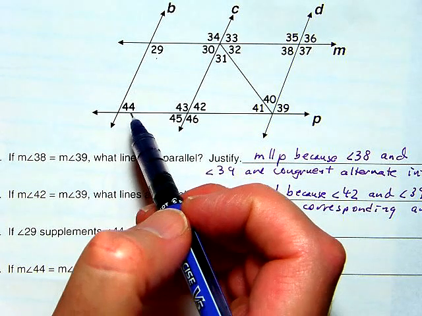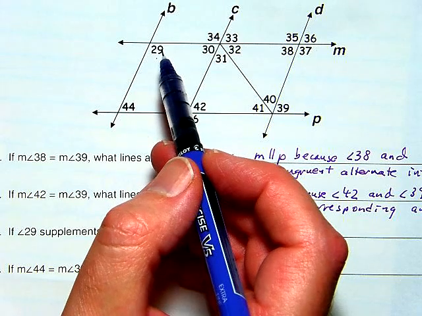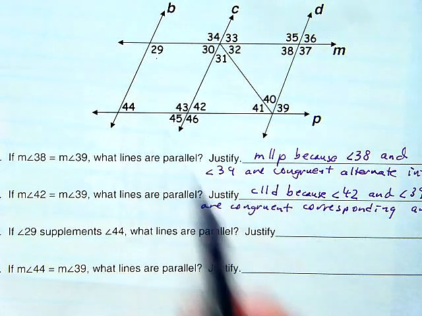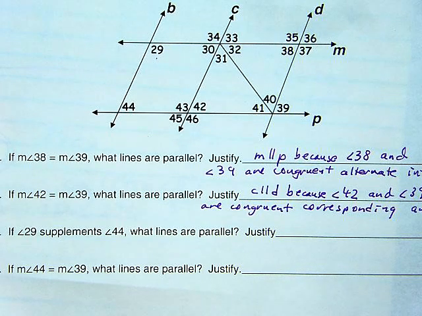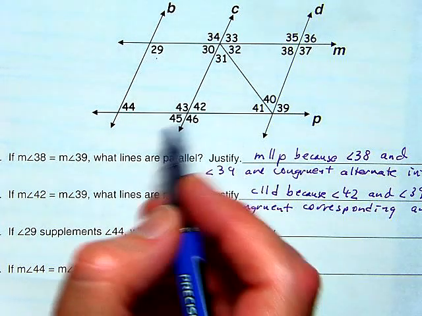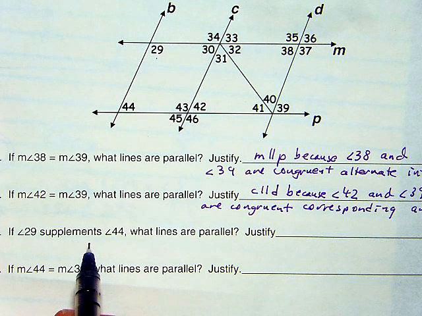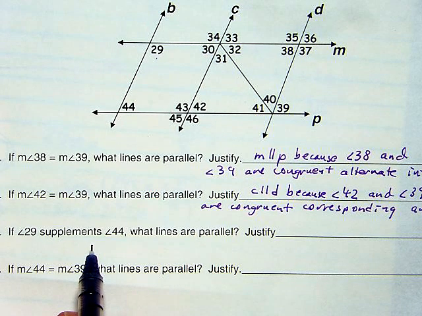They're both on the same side of the transversal, and they are both between lines M and P. That makes them same side interior angles. We are told that they are supplementary, that one angle supplements the other. So we are dealing with a scenario where we have same side interior angles that are supplementary, and we just learned that that is one of the conditions that guarantees that lines M and P are parallel.